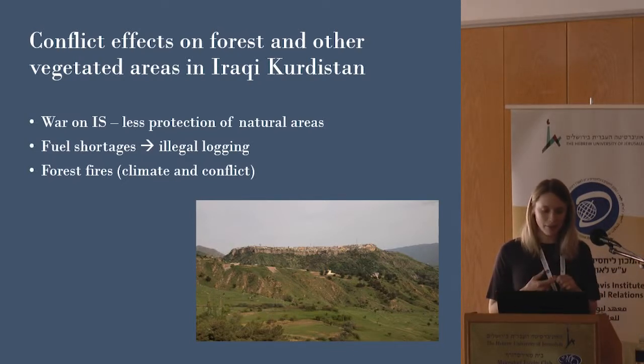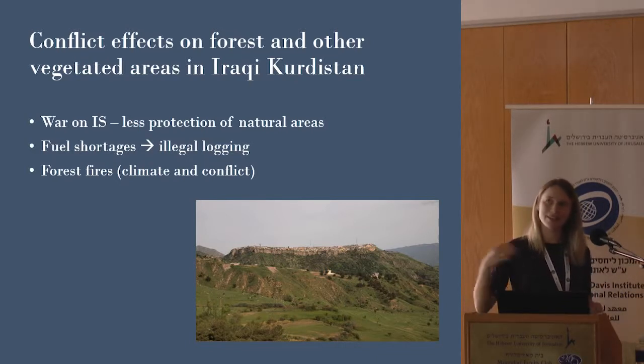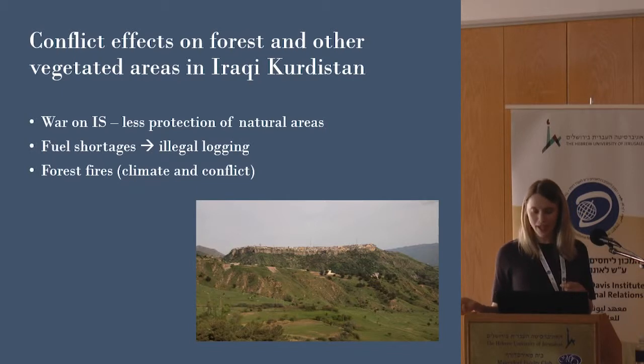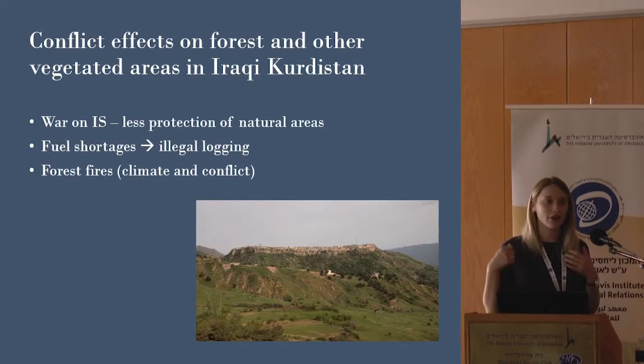And at the same time, or in the aftermath of that, there were fuel shortages as an effect of political issues between the Kurdistan regional government and the Iraqi government. And these shortages have led to illegal logging, so people are cutting down trees to heat their houses in the winter.